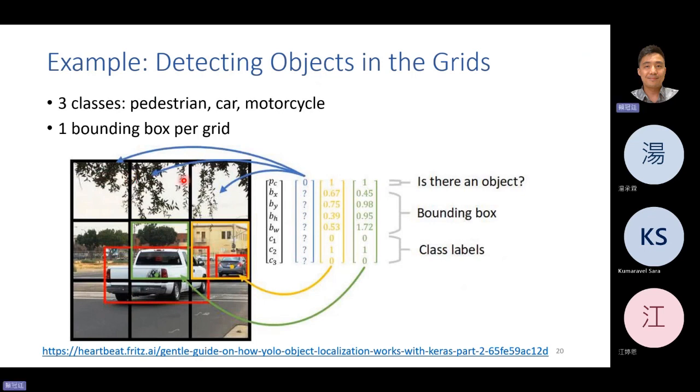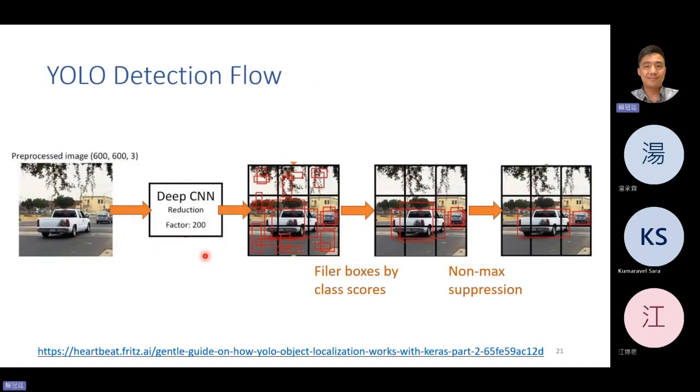So for the first 3 grids, there's no object, so the confidence score is 0, and it doesn't matter what value we put, we can put random values because there are no objects. And for the middle grid, there is one object, and the class is the second class, so the class is one hot encoding, right? Okay, so the 2 green and the yellow are bounding boxes of cars.